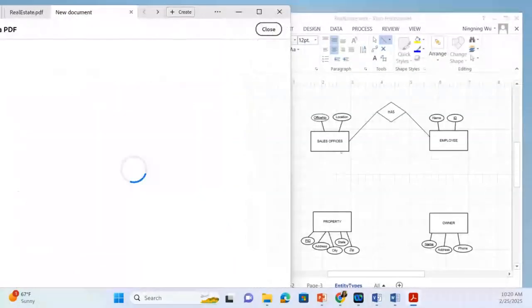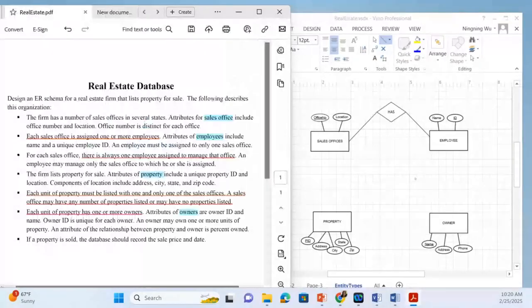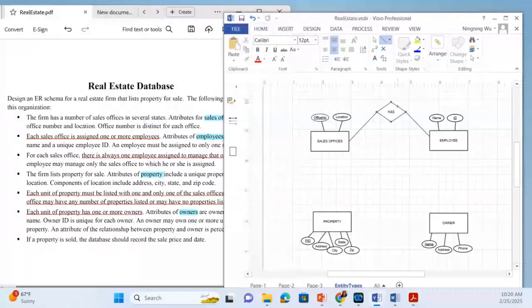So we can also use another relationship tab to represent the relationship between a sales office and an employee. So that indicates the employee manages that sales office. Okay.